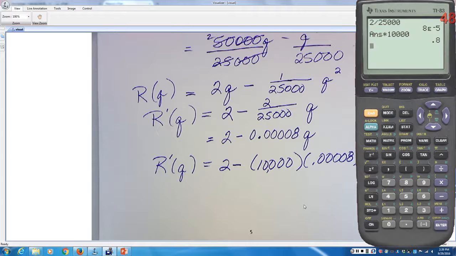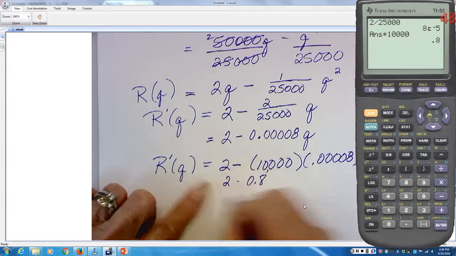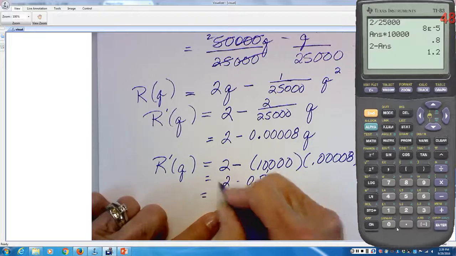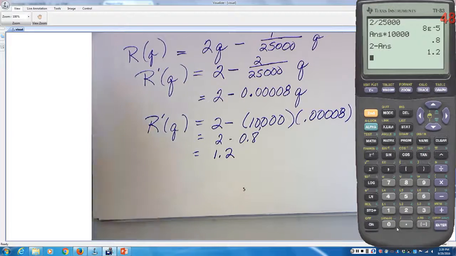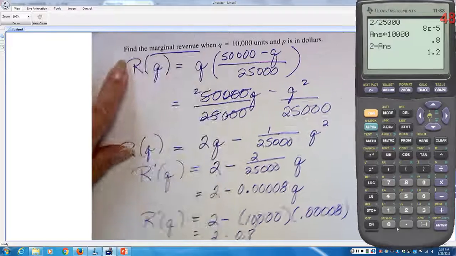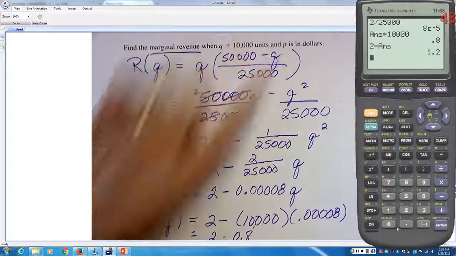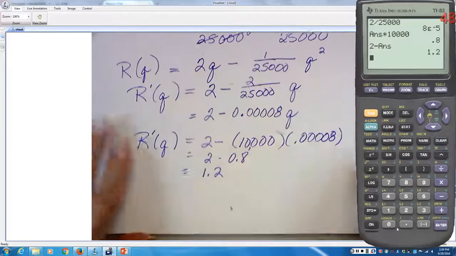So that's 0.8. And 2 minus 0.8 is 1.2. And remember from the top up here, Q is 10,000 units and P is in dollars. So that 1.2 gives us what?